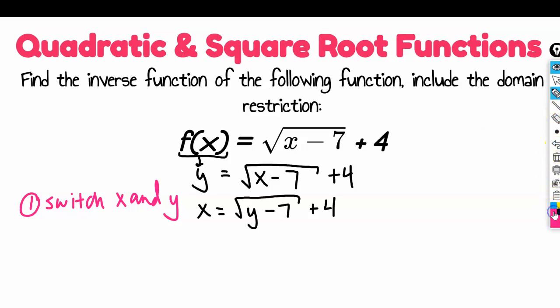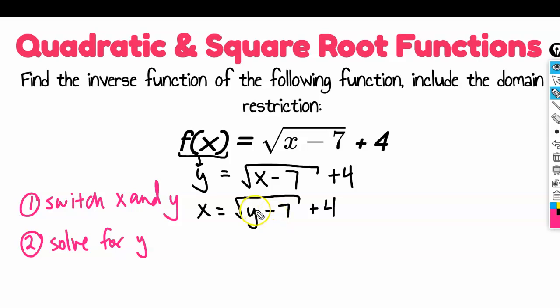Then my next big step is that I'm going to solve for y. So trying to get y alone on this side of the equal sign. Now, the order that I get rid of things: I see that this is y minus 7. So I might think, oh, let me get rid of the minus 7.